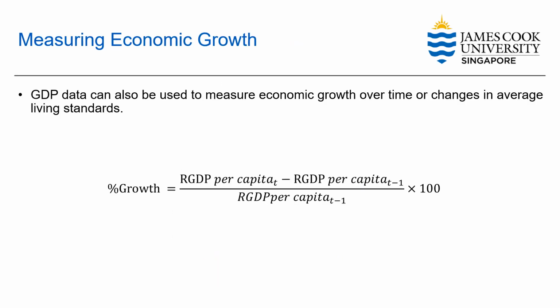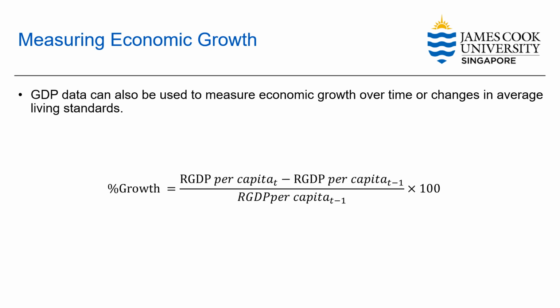Next, let's look into how we make use of GDP to calculate the economic growth. GDP data can also be used to measure economic growth over time or changes in average living standard.